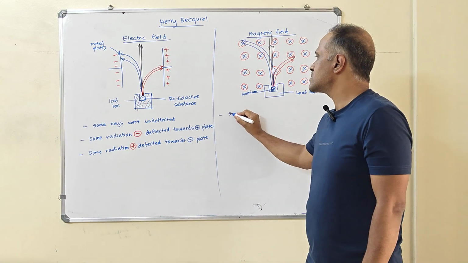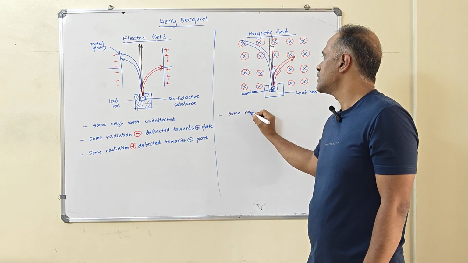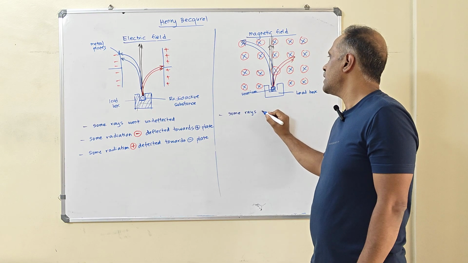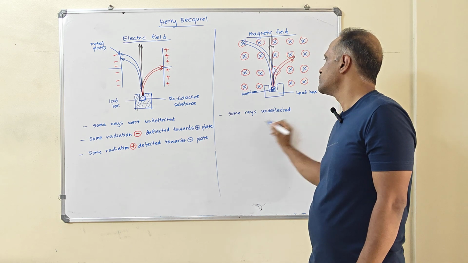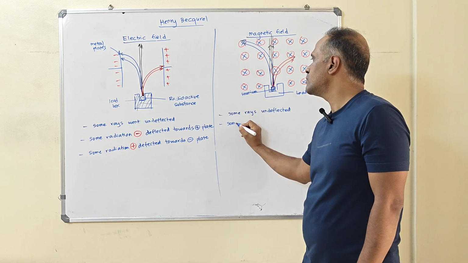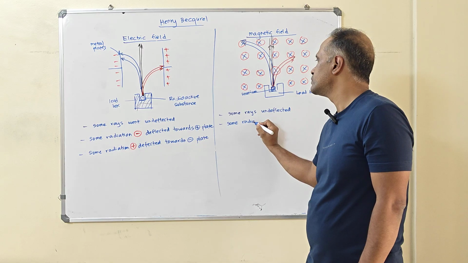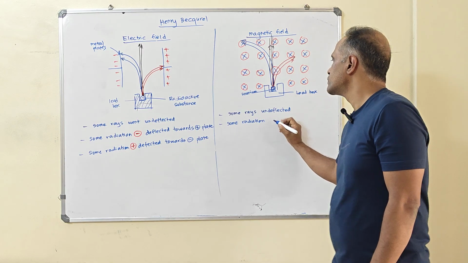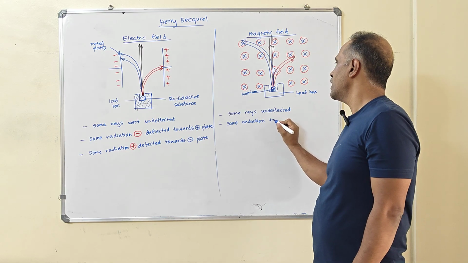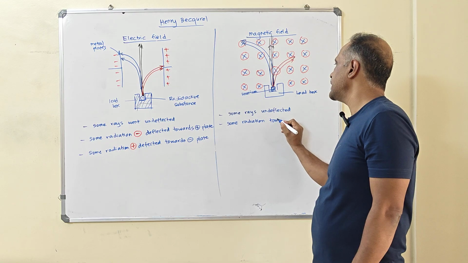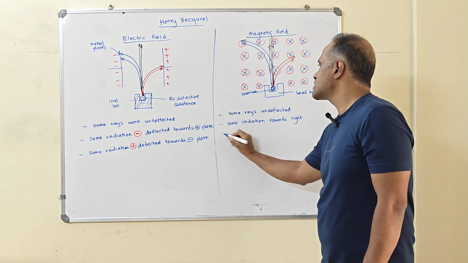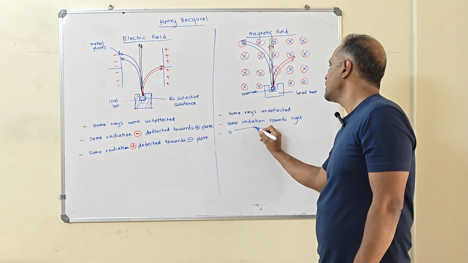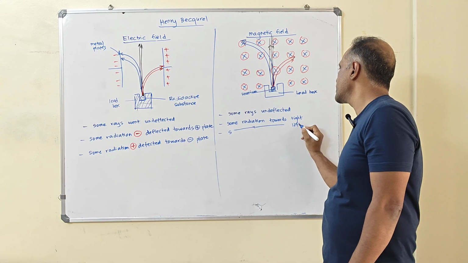So I can write: some rays undeflected, some radiation deflected towards right, some radiation deflected towards left.